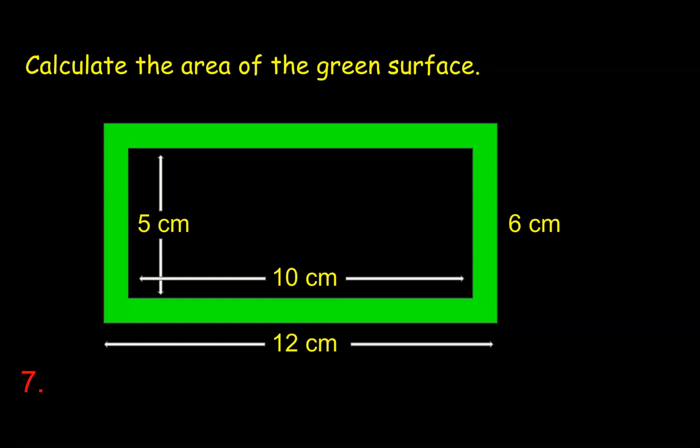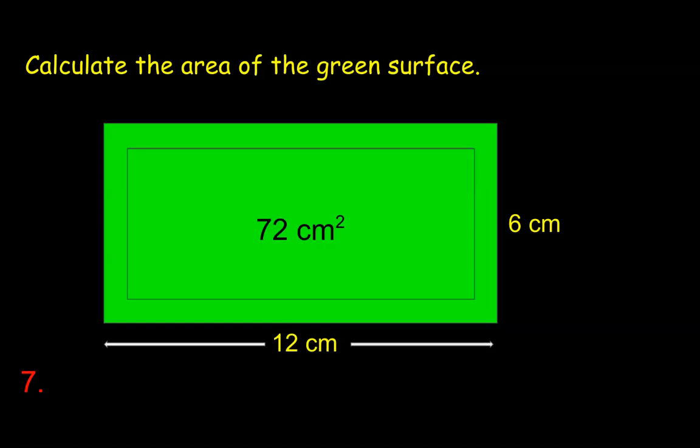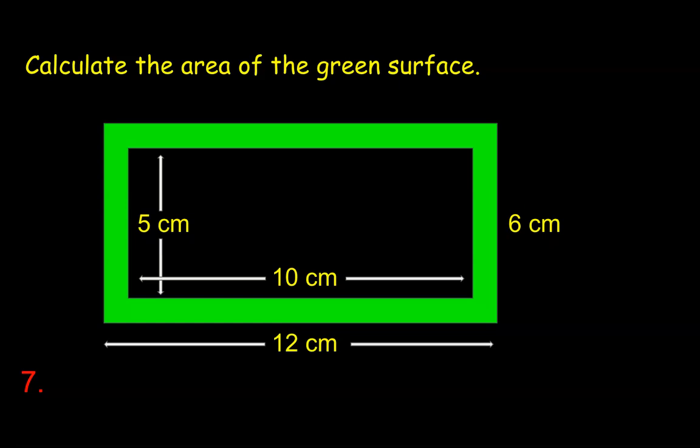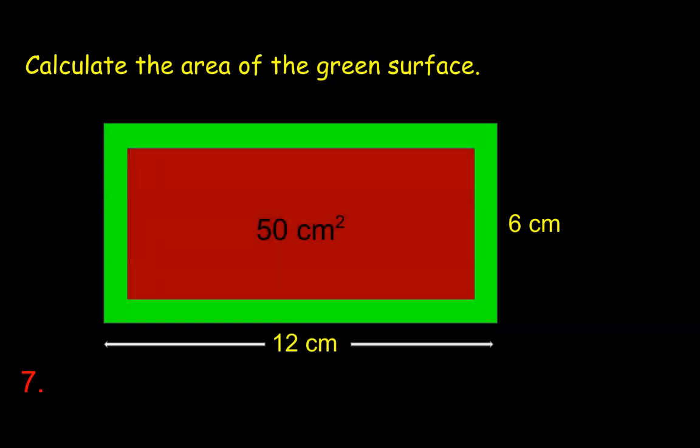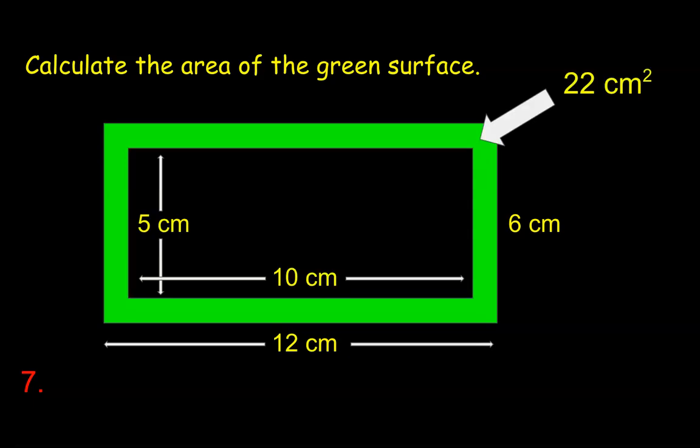So that's 50 square centimeters. Now, remember we said that was 72 square centimeters. That is 50, so we need to take the 50 away from the 72. That 50 square centimeters taken away means that this little green area around the outside is 22 square centimeters.